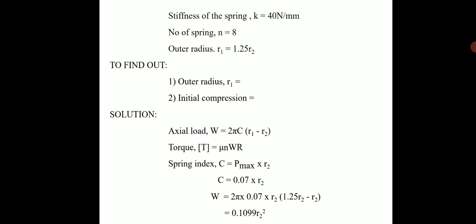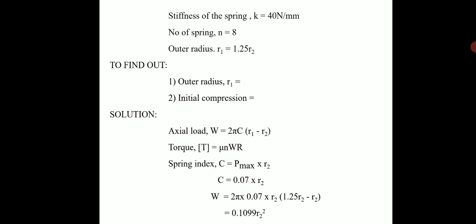Stiffness of the spring k is equal to 40 Newton per mm. Number of springs n is equal to 8. Outer radius, which is given in the question, r1 is equal to 1.25 r2.